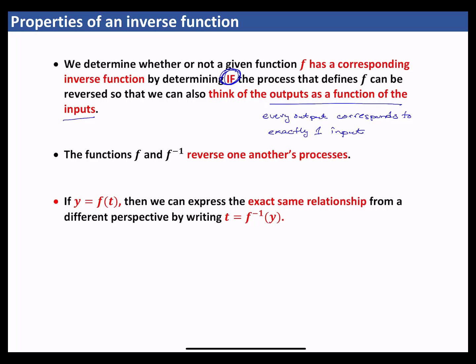Notice that if t is the input of function f, t will become the output of f inverse. And since y was the output of function f, y will become the input of f inverse. And then we'll determine if this new formula guarantees that each y value corresponds to one and only one t value.